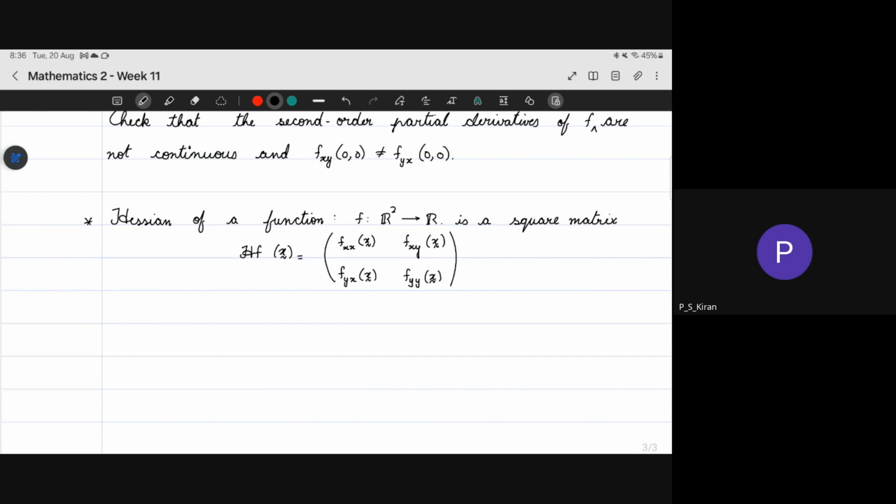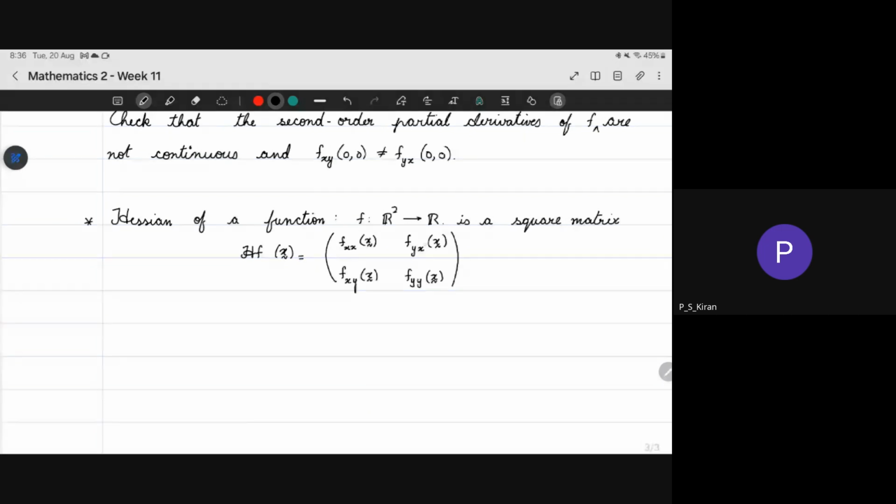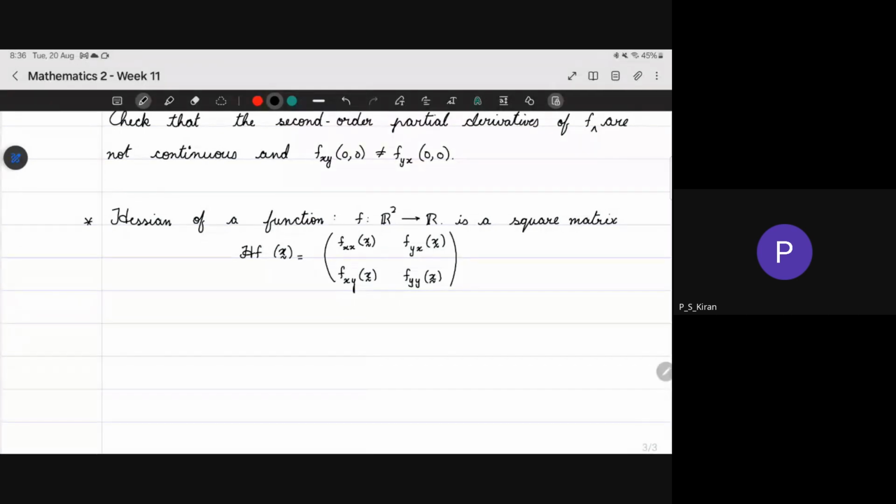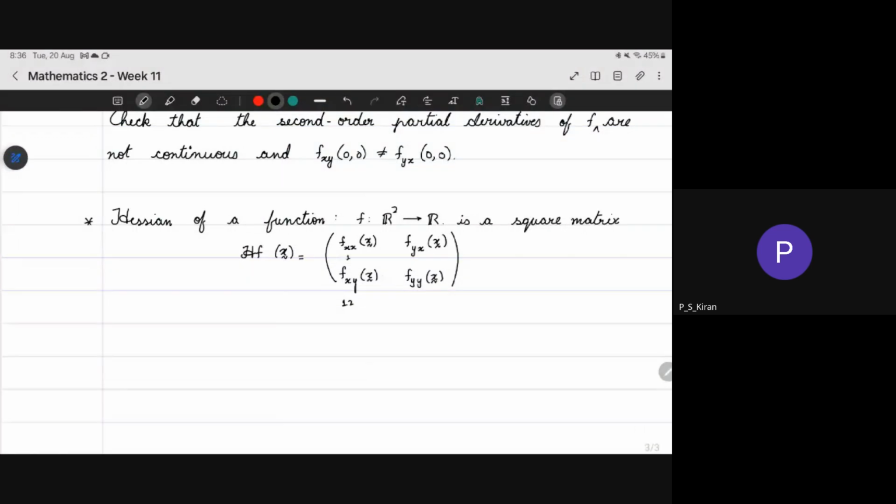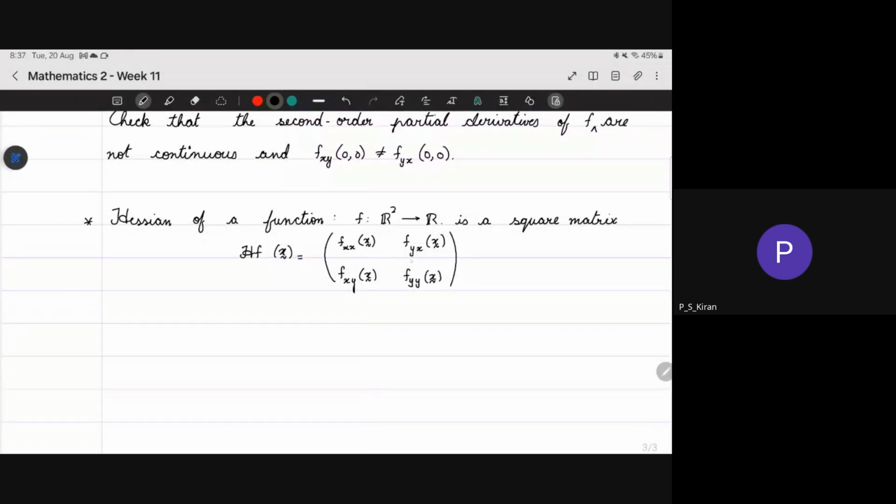Let me be more careful. I think this is fxy over here and fyx over here. This is 1, 2. This is 1, 1. No, this is 1, 2, then 2, 1, 2, 2. Now the earlier thing is right, I think.